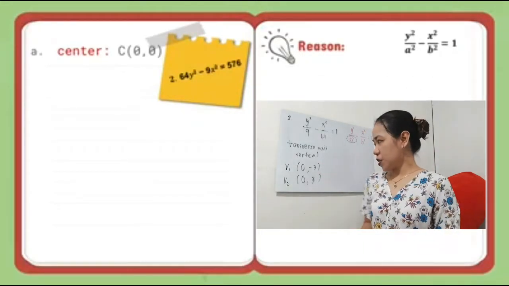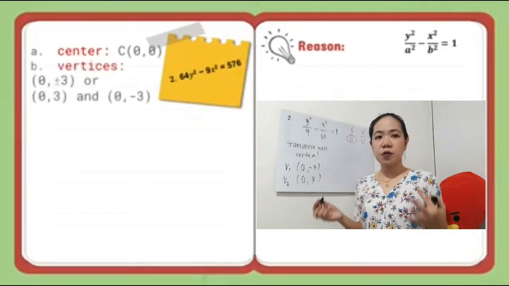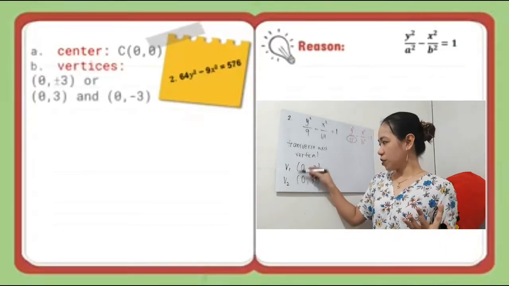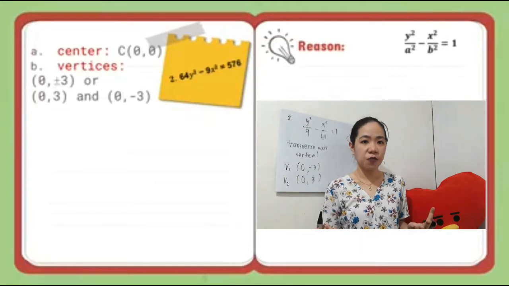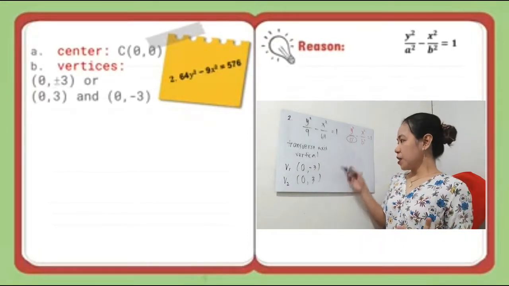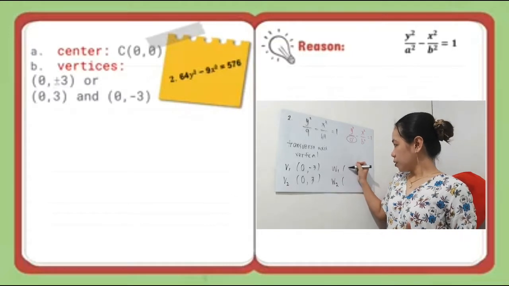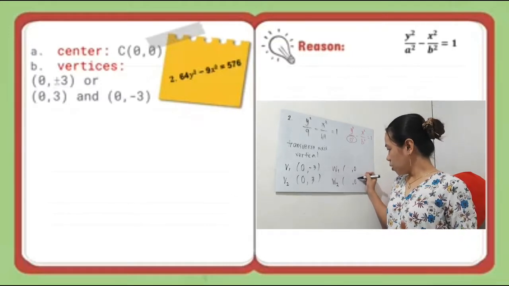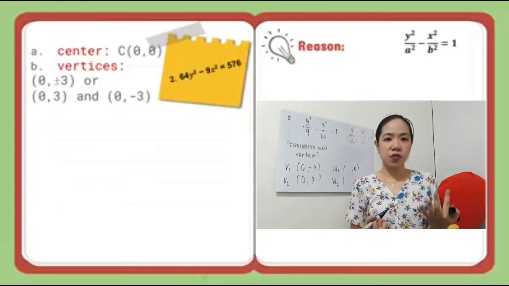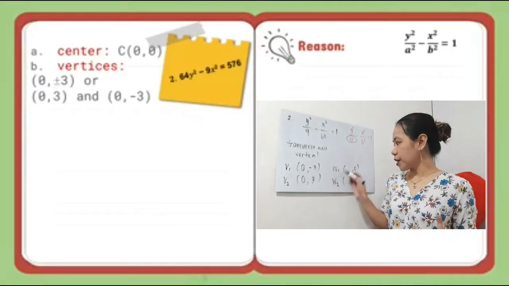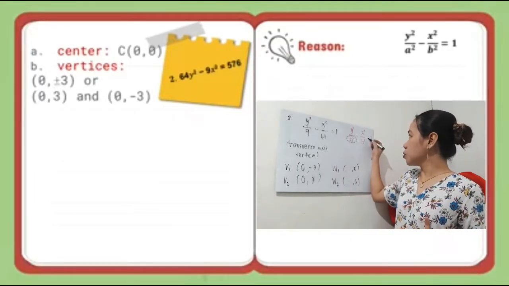Okay, the co-vertices are always the opposite of the vertices. Since the vertices are on the y-axis, this time the co-vertices will be on the x-axis. So we write w sub 1 and w sub 2 with 0 on the y-coordinates. Let's solve for the value of b for us to have w sub 1 and w sub 2.